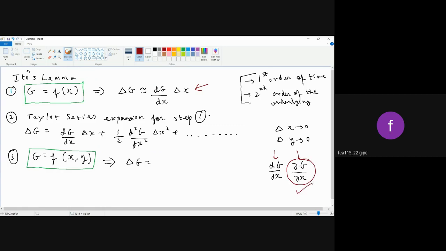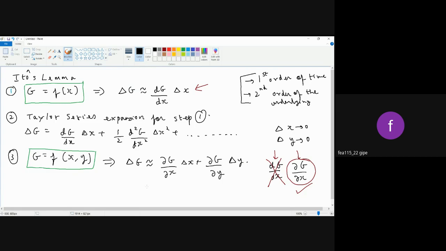Very good. Yes, the second one, because I have two variables on the right hand side. So now g is a function of two items here. So I cannot write an ordinary differential anymore. I'll have to switch to partials. So I can say that this is approximately equal to, using the same ideas as earlier, only thing is I'll switch to partials. So we have dabba g by dabba x into delta x plus dabba g by dabba y into delta y.